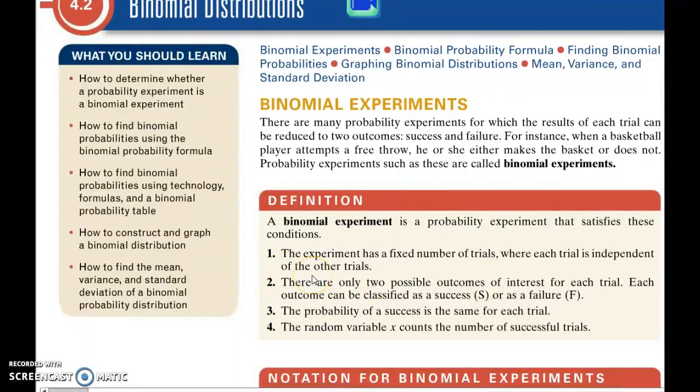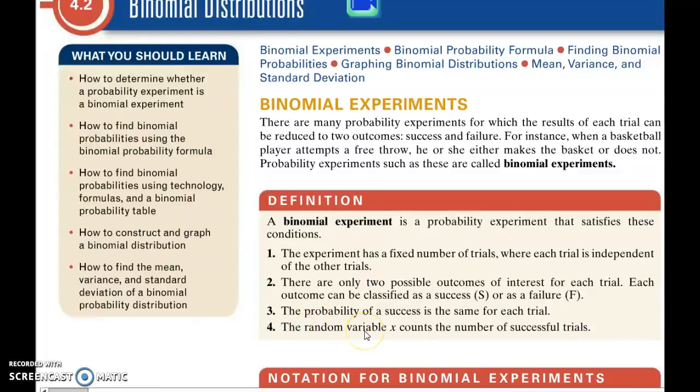Here are all the requirements for it to be a binomial experiment. Number 2 is what we just talked about, that there are 2 possible outcomes, either success or failure. Number 1 says we're always going to count exactly how many trials we're running. In terms of shooting a basketball, that would be how many shots we are going to take total. Number 3 says the probability of success isn't going to change from shot to shot in our basketball example.